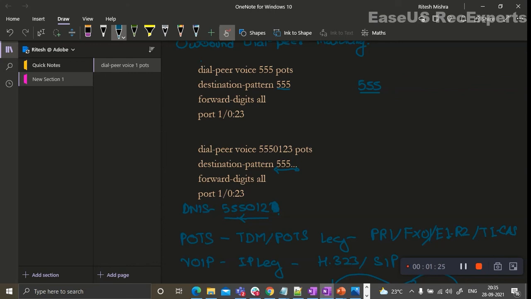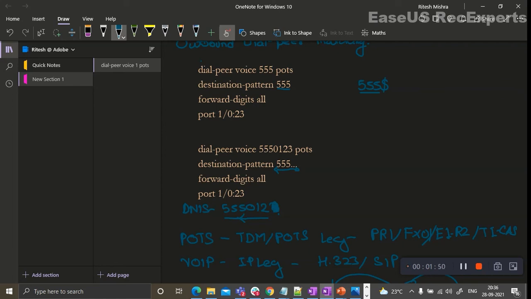Now to disable this variable length matching, the simplest way, if you want this dial peer to be selected only for exactly 3 digits, only 555, is to use 555 and dollar. This means no extra digits are allowed.